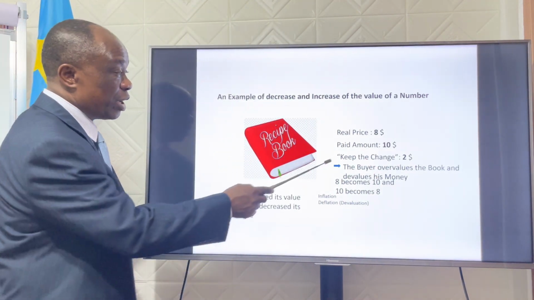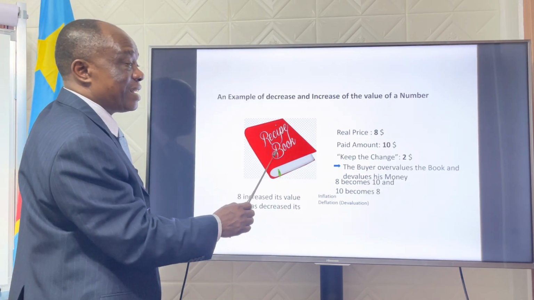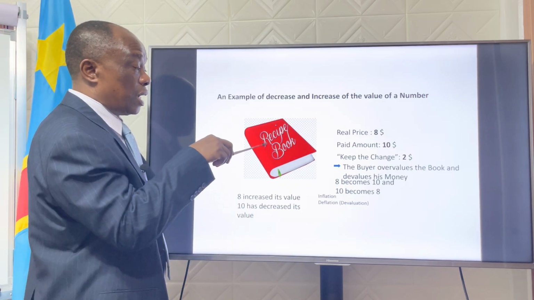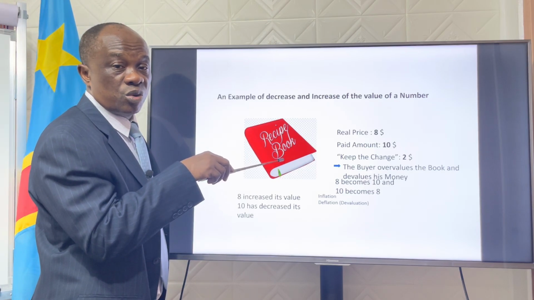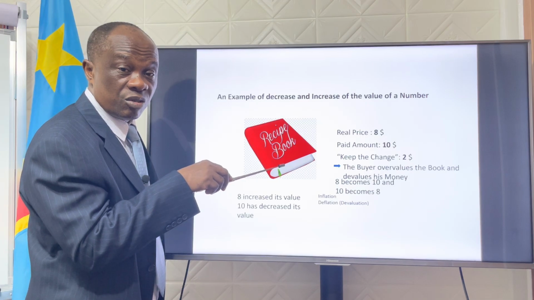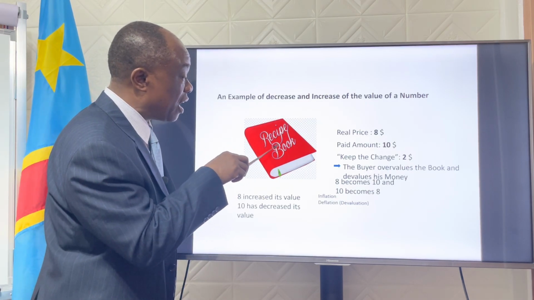The money is devalued. So the guy who was supposed to have only $8, because he put $8 here, but you gave him $10 by letting him keep the change. So you are the loser. You are going back home with this book that costs only $8.